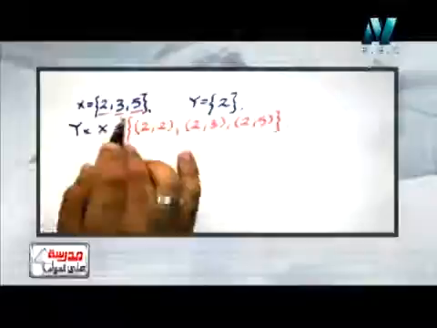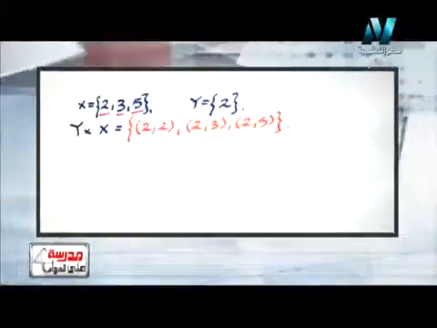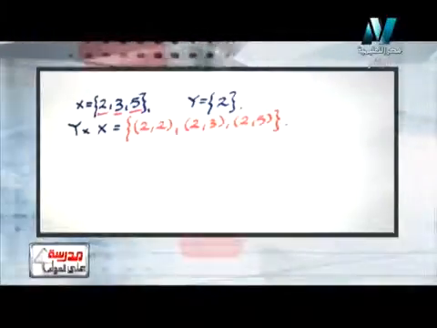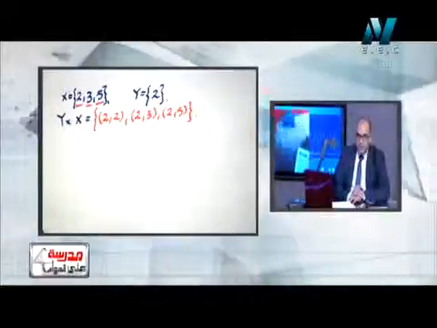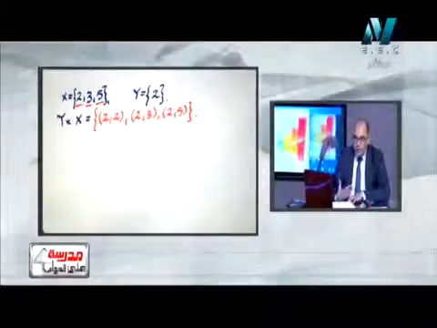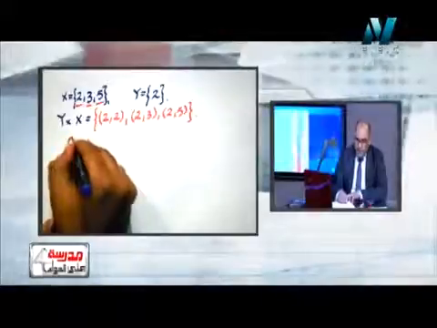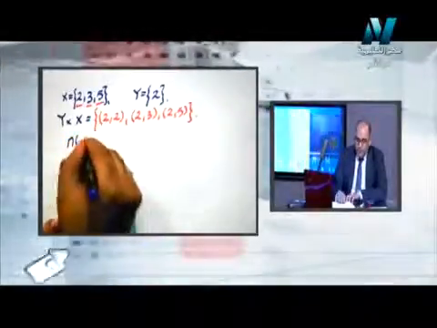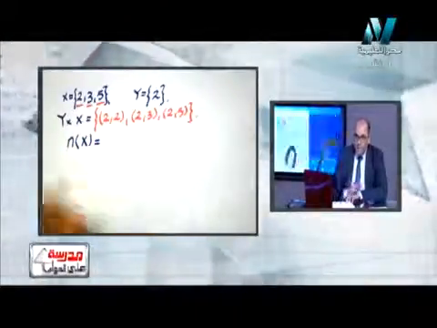Here you have the set of x with elements 2, 3, 5, and the set of y with only one element, which is 2. If I want to ask what the number of elements of x is, we say n of x to represent the number of elements of x.